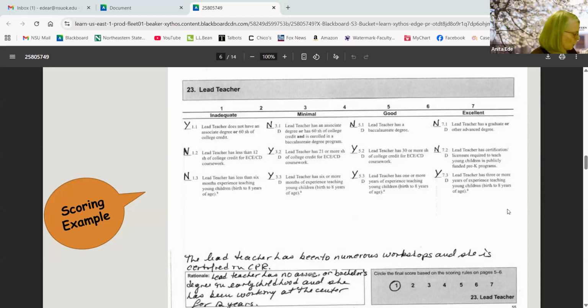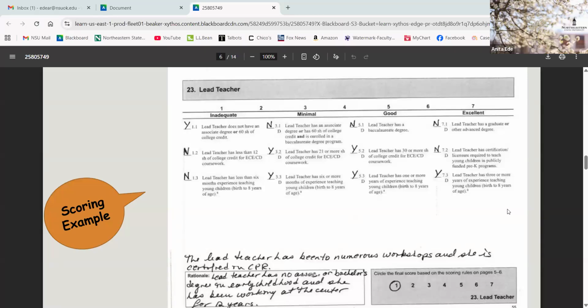The vast number, when you go through this, and you'll see this if you just breeze through your book, there are ones that you can just obviously look at and you know what it is. You know this is an observation item. For any of the ones that deal with what's happening in the classroom, they're obvious and you can see it. But then there are a lot of them that you just have to ask. And so you may spend more time with the lead teacher or the supervisor.